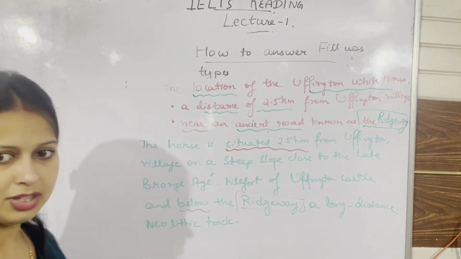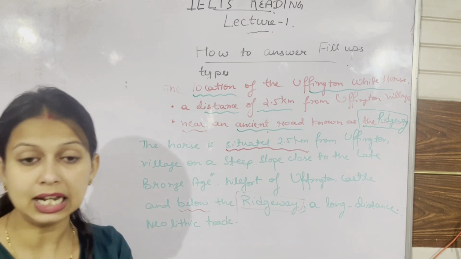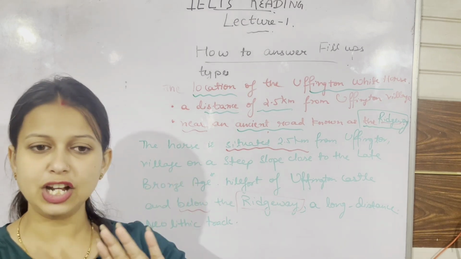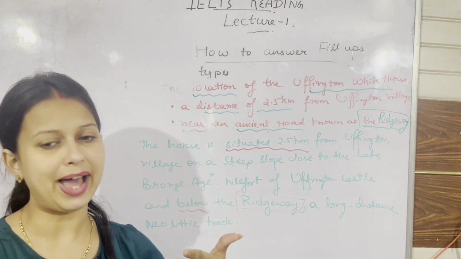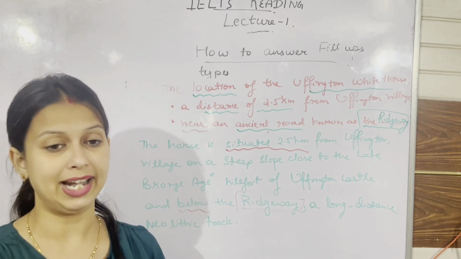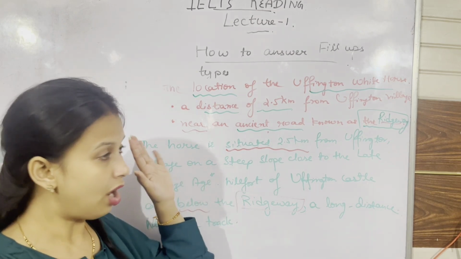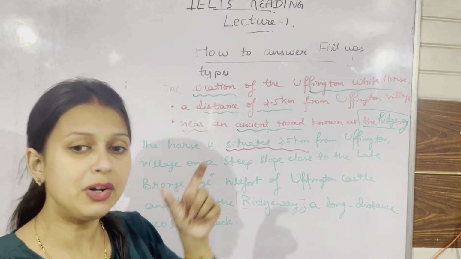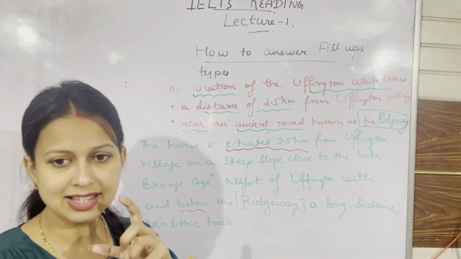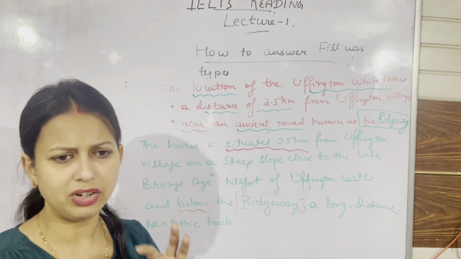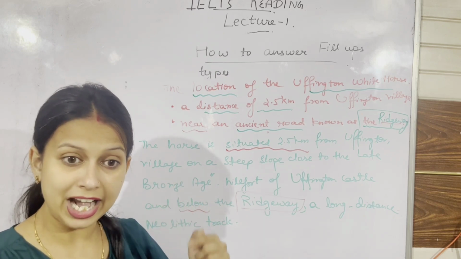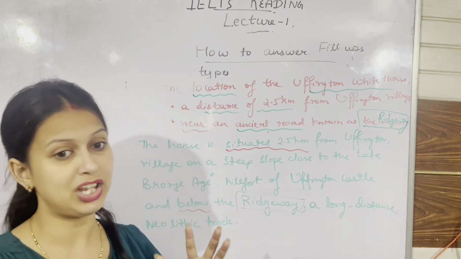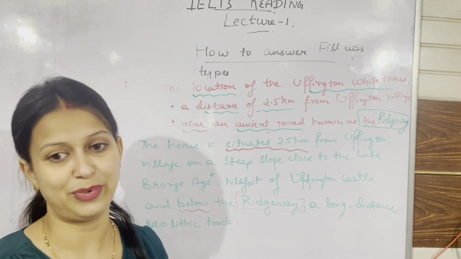How can we spot the answer? This is the way we have to underline the keywords. We need to locate the keywords in the paragraph. Once we get the keywords, we need to check what word will come there in the sentence. Whenever you get confused between 2 or 3 words, try to substitute those words and check the most appropriate answer.